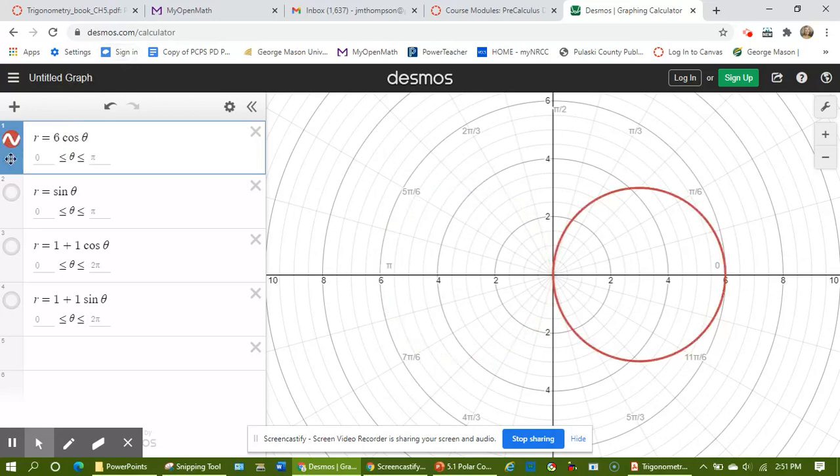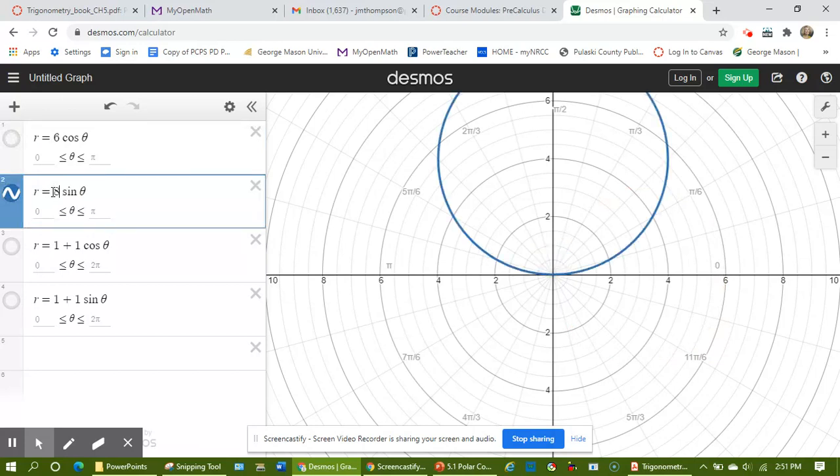And then we could also have a sine circle. So a sine circle, that number out front, the coefficient will also change the diameter of your circle, whatever that number is out front there. So notice that the sine circle is oriented on what we think of as the y-axis.